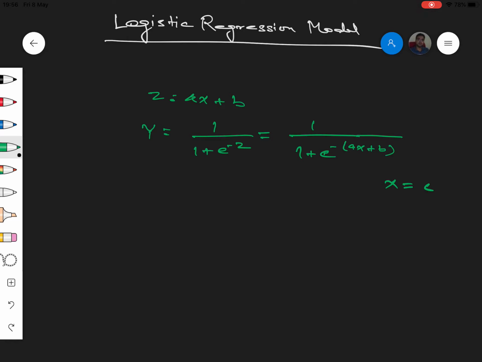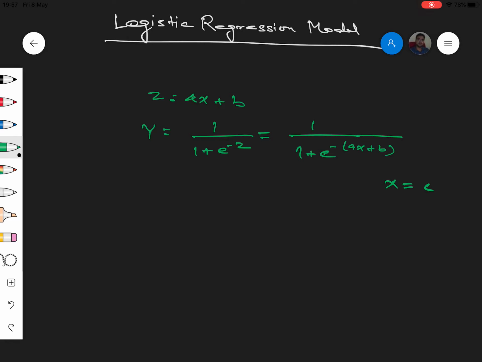We fit this value of x in this sigmoid function, so it will give a value between 0 and 1, and depending on that we can classify whether that person is a white person or a black person. For example, if its value comes out to be 0.75, it means there is a 75% chance that the person falls in a particular category.